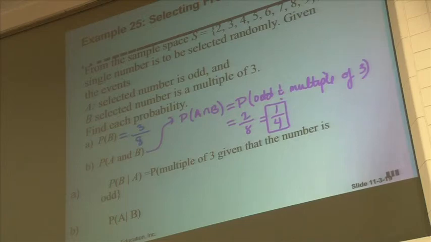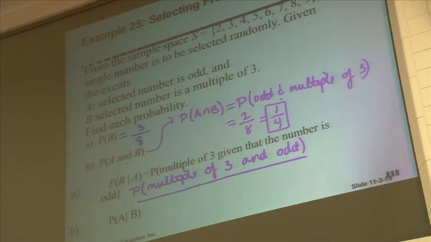Part C. What is the probability that we draw a multiple of 3 given that the number is odd? Okay. Follow the formula. So, we want the probability that a number is a multiple of 3 and odd, divided by the probability that the number is odd.